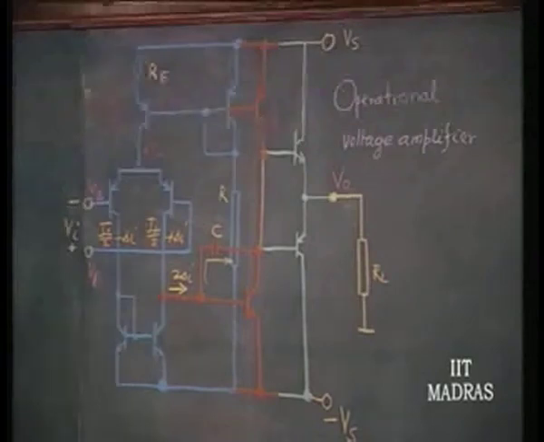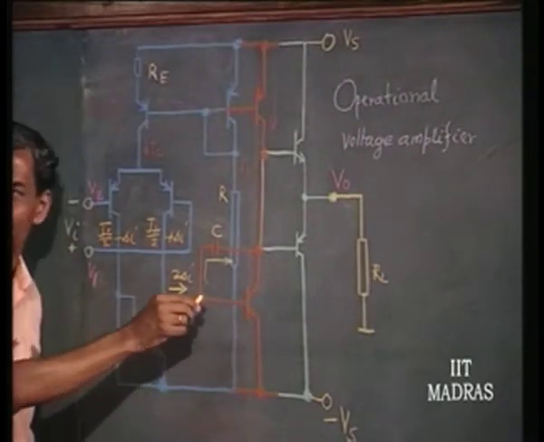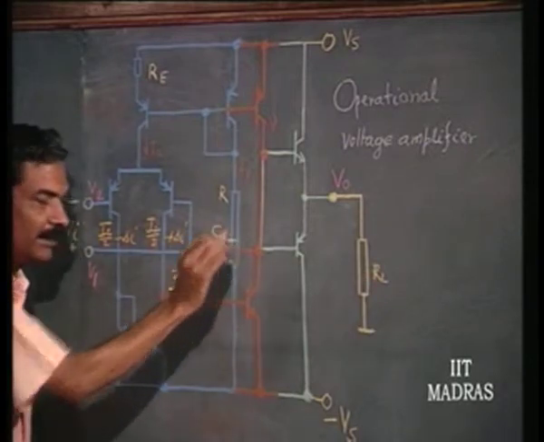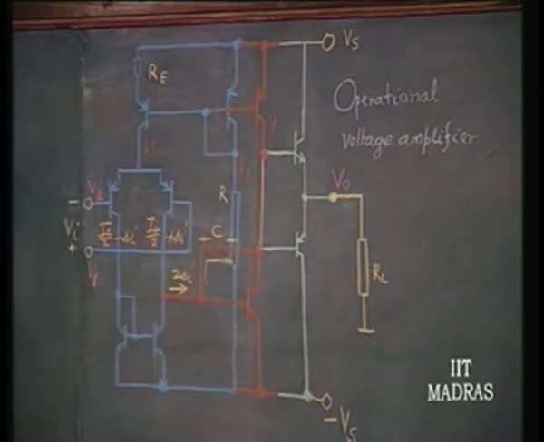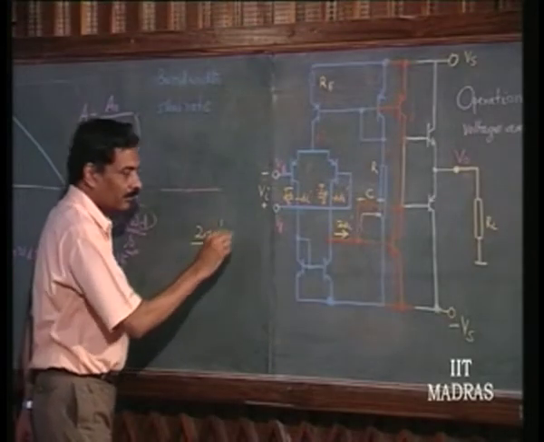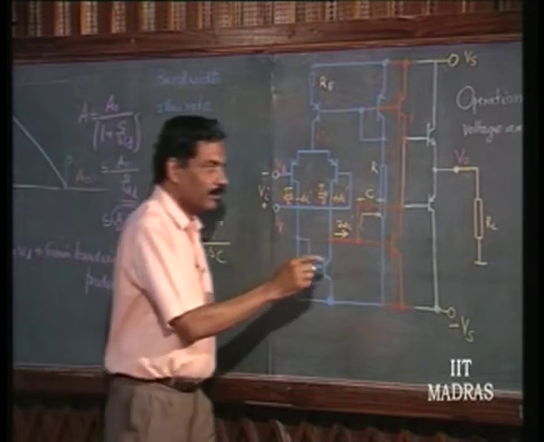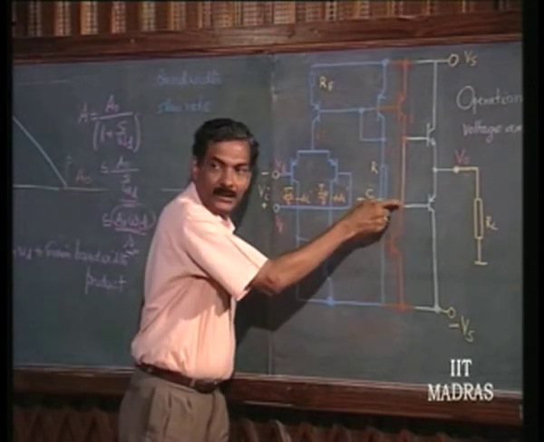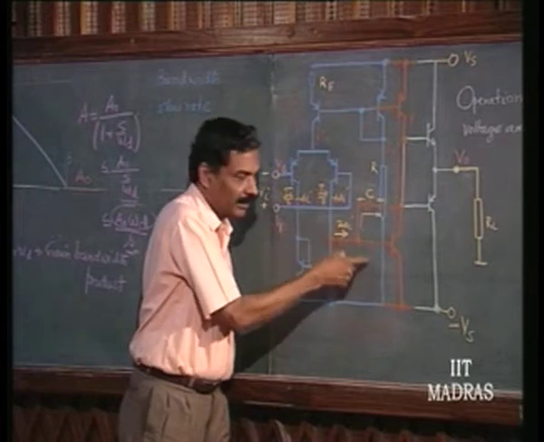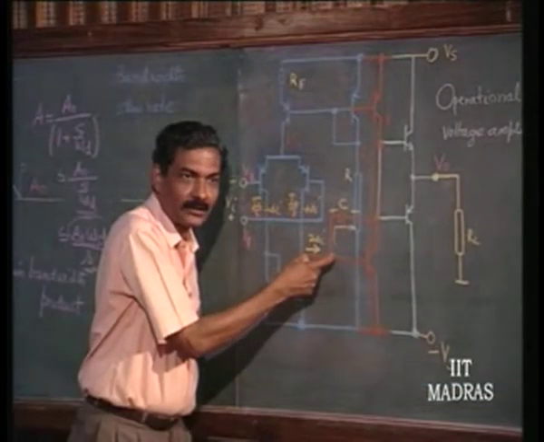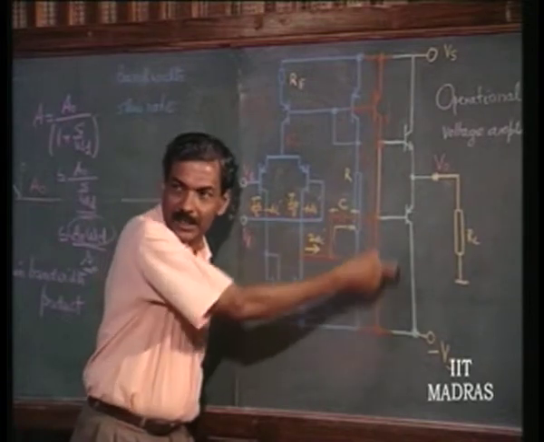Very little current goes through this and most of it goes through the capacitor and develops a potential which is 2 delta I divided by SC. Is this clear? With this n minus and this n plus, and this potential is already at nearly ground potential, because this is a high gain stage.